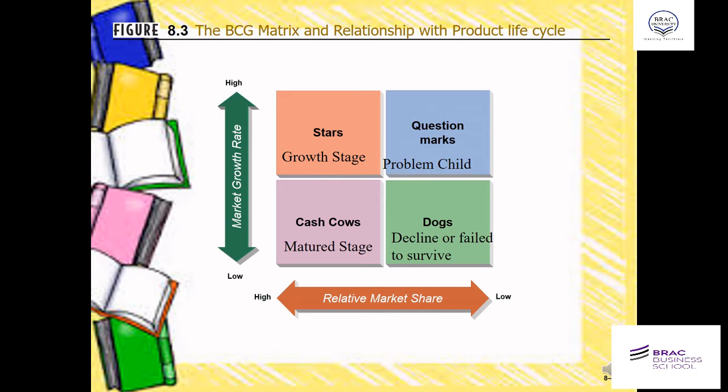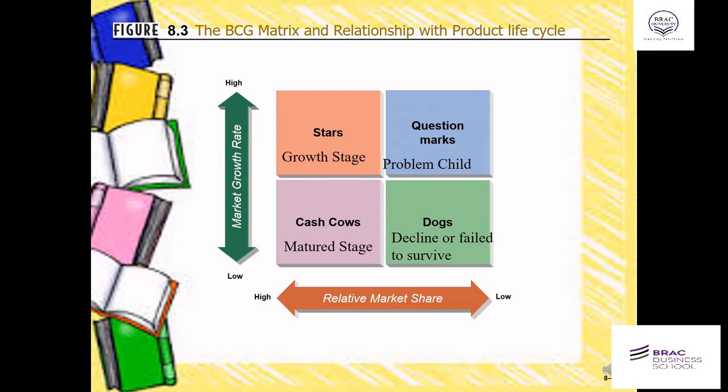In case of star, as it is growing very rapidly and the demand is really high, so is the market share, and huge investment is required here. So the business which is in the growth stage requires huge investment. Whereas just below there is the cash cow. Cash cow doesn't show any growth prospect, but it has a very good market share.